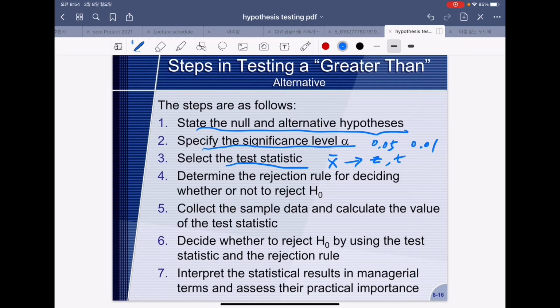That's called the test statistic, and then you determine the rejection rule, okay? And then you actually gather data and compute test statistic, and you make conclusions, right?